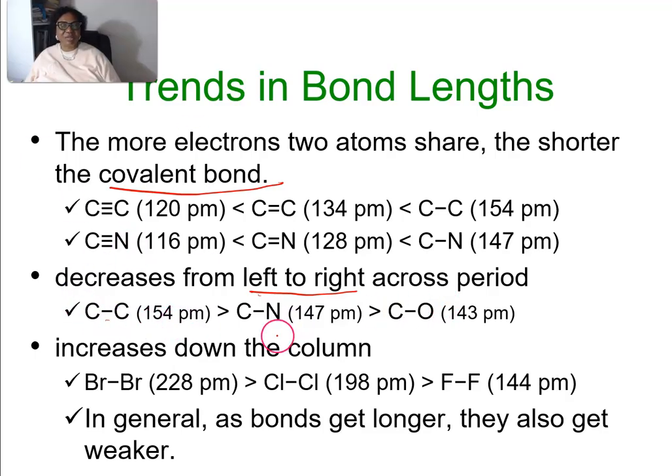Carbon-carbon has longer bond lengths than carbon-nitrogen, and carbon-nitrogen has longer bond length than carbon-oxygen. Another thing about bond length is that it increases down the column. So bromine has longer bond length than chlorine, and chlorine has longer bond length than fluorine. In general, as bonds get longer, they also get weaker.